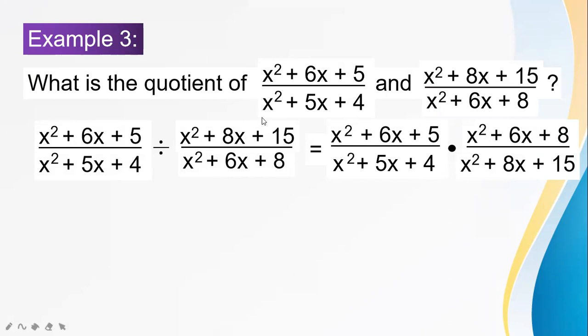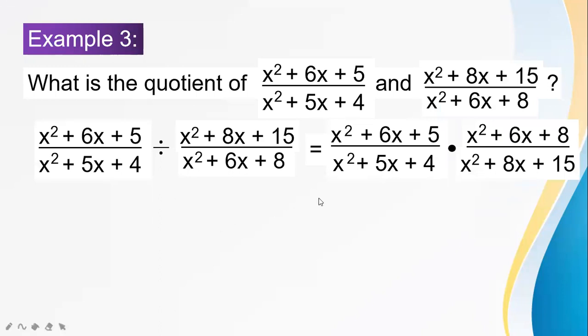Then get the reciprocal of the divisor, so we have x squared plus 6x plus 8 over x squared plus 8x plus 15. So the first step is you copy the first term, change the sign to multiplication, get the reciprocal, then proceed to multiplication.